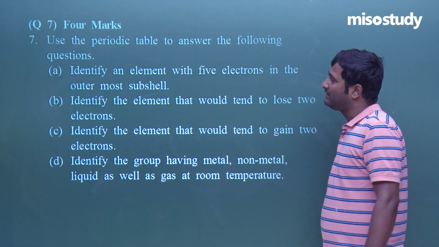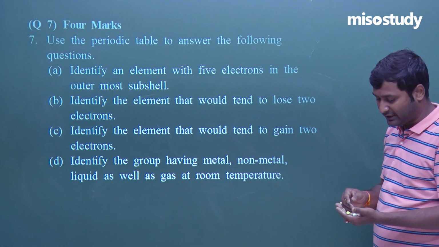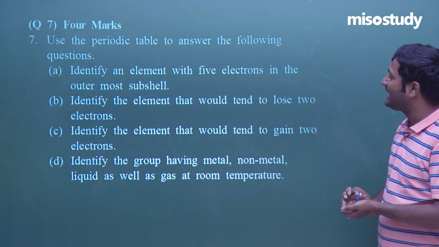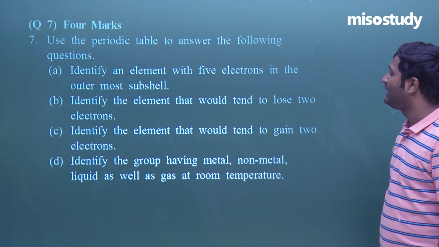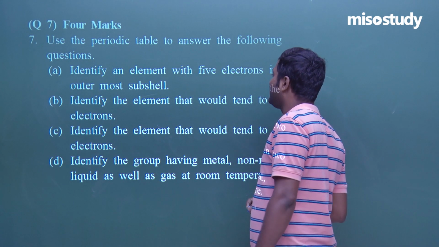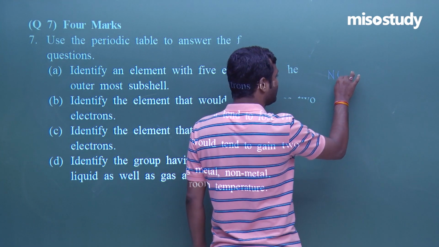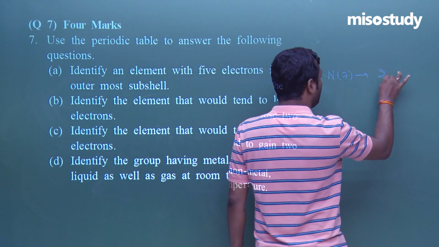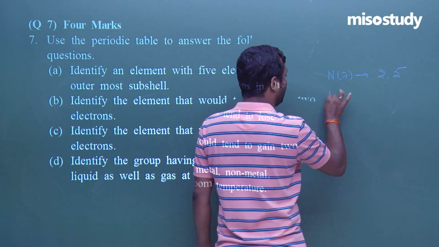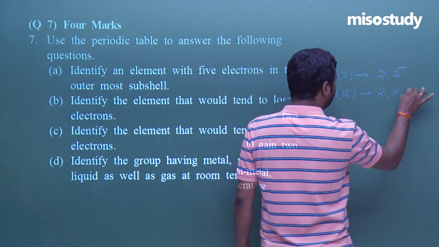Now, question number 7. This is a GK-GS type question. Now, tell me. Identify an element with 5 electrons in the outermost subshell. They are talking about nitrogen, like this, 2 and 5, phosphorus 2, 8, 5.